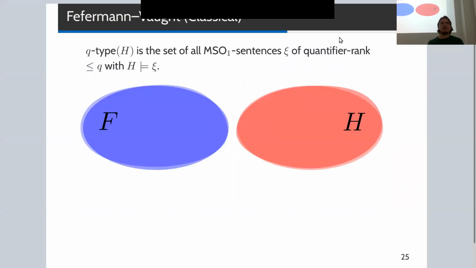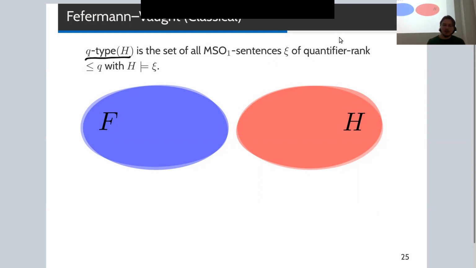So here again we have Q-types, but these Q-types don't talk about the vertices in the boundary. So we just have a Q-type of a graph H, and this is going to be all MSO sentences with no free variables of quantifier rank at most Q that are true on the graph. So no intersection and no free variables in the formulas. So this concept of a Q-type is a bit simpler, I suppose.